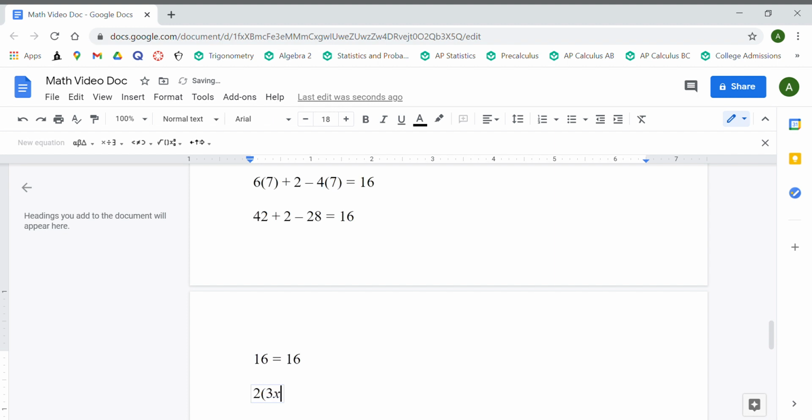So we have 2 times the quantity 3x minus 4. We have 3x minus 4 in parentheses, and then right next to the parentheses is 2. So basically, it means that we are multiplying.